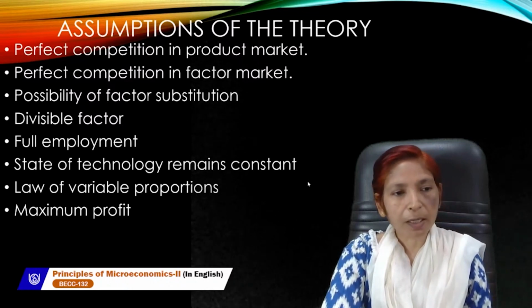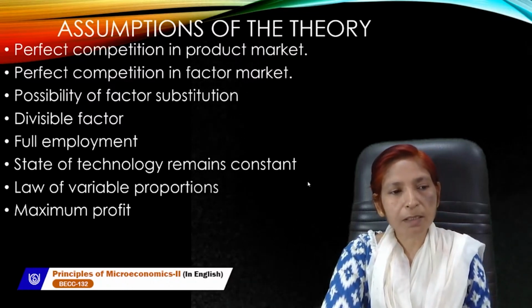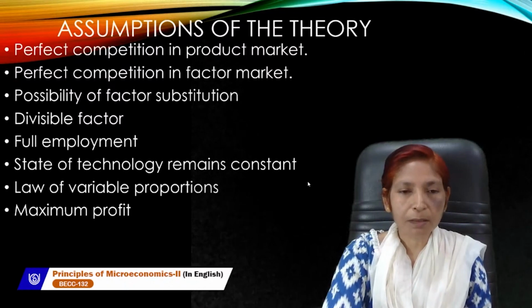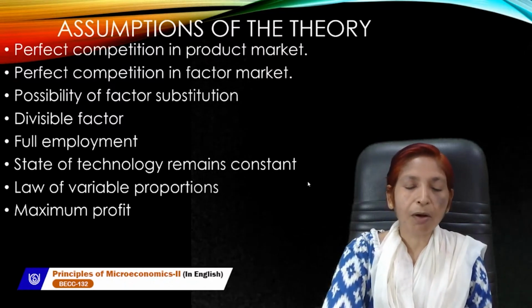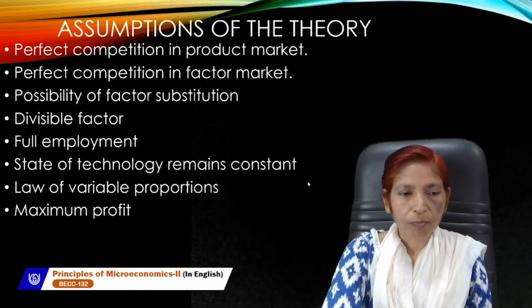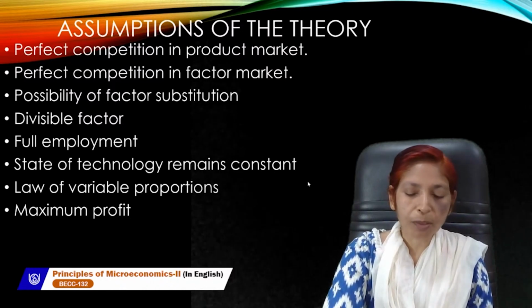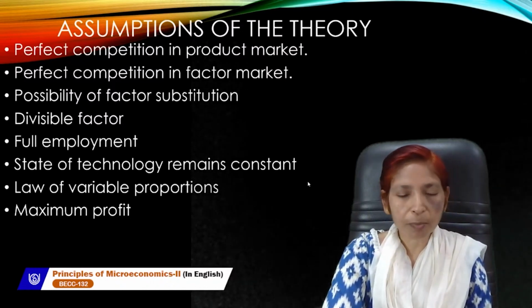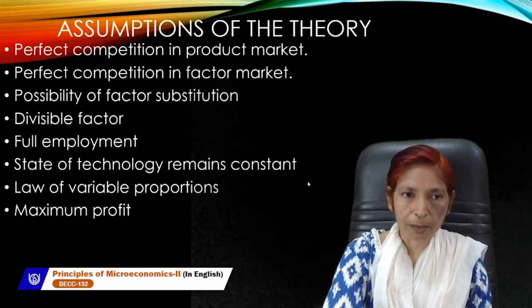And J.B. Clark assumed that technology remains constant, which can't remain constant, and the law of variable proportion is applicable under this marginal productivity theory. The law of variable proportion only exists in the short period, not in the long period.